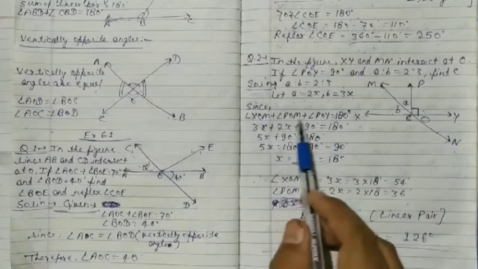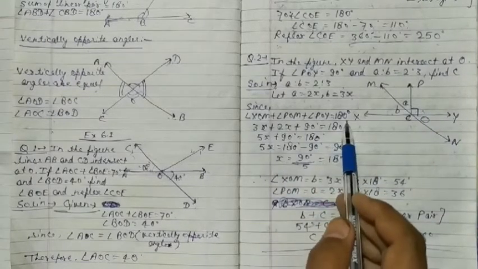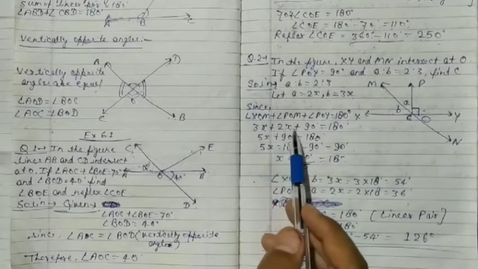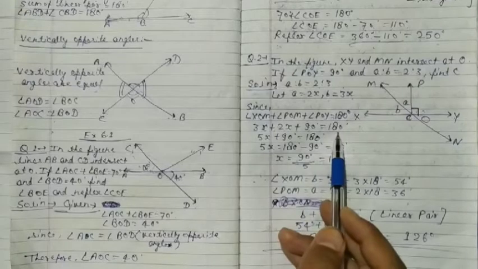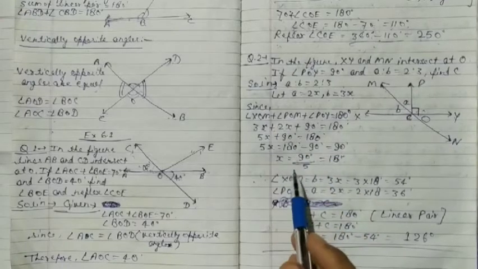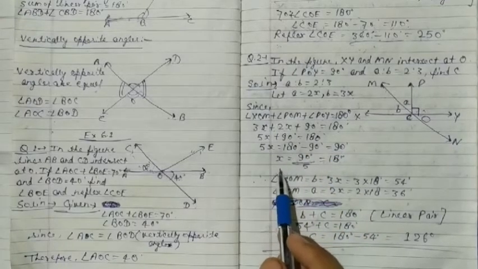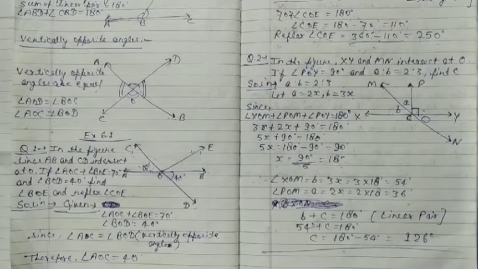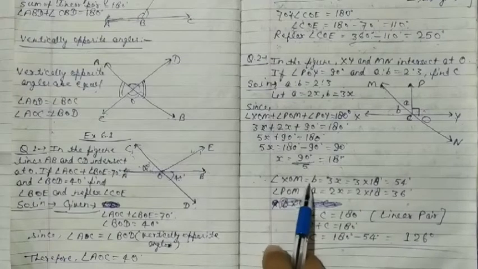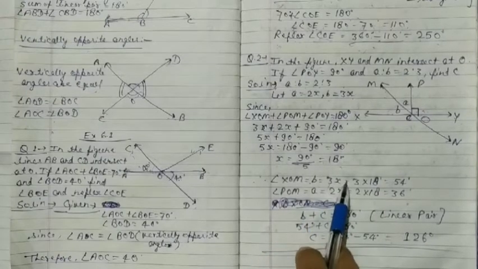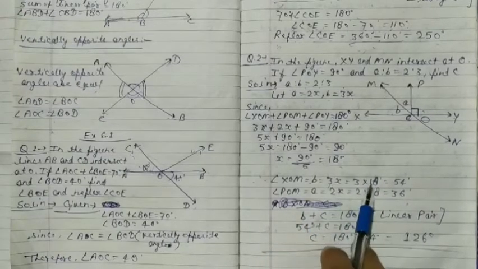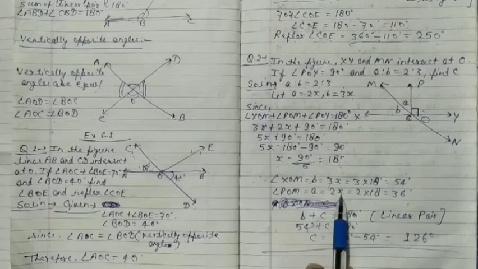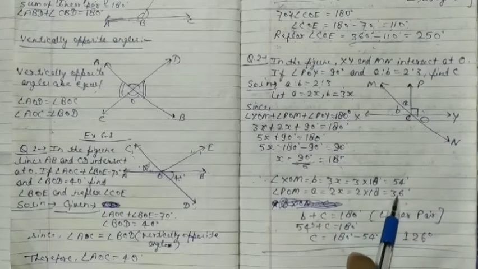So the sum of these angles equals 180 degree. Put the values: 3x plus 2x plus 90 degree equals 180 degree. Solve this. Then we find x equals 18 degree. So B equals 3x equals 3 into 18 equals 54 degree. A equals 2x equals 2 into 18 equals 36 degree.